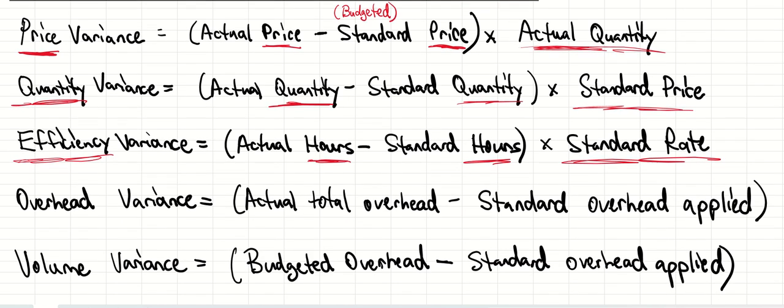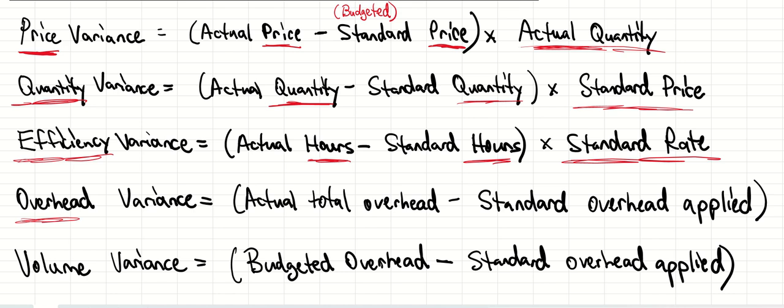And then we have overhead variance. I did leave one of the formulas out here, but I wanted to just give you an overview on these variances. Overhead variance just focuses on overhead. It's everything else that is needed in order to actually operate your business or produce items.